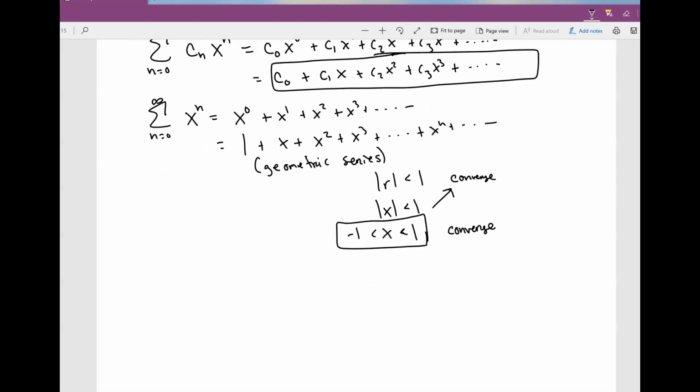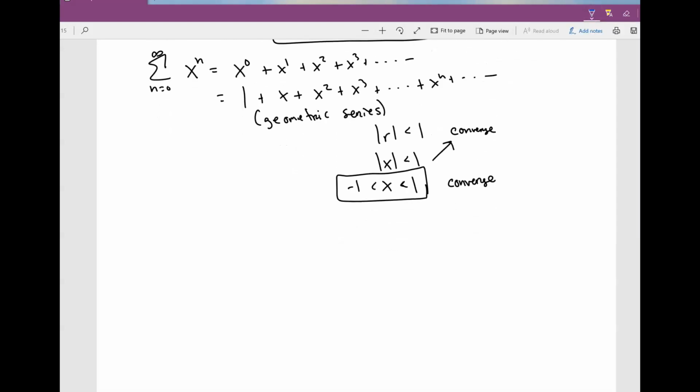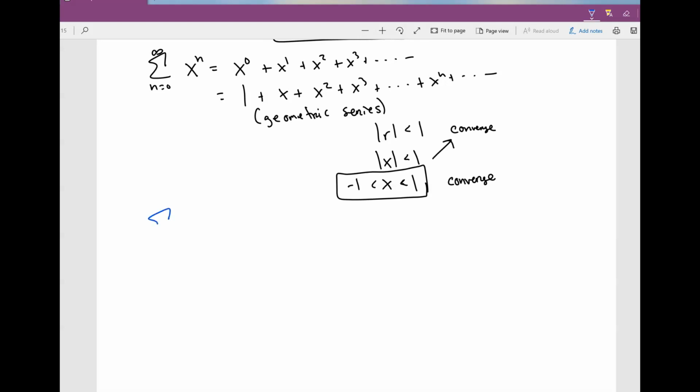In general, this was without the constant. So let's say you had a constant in there, maybe even a shift. If I have this new, more general series, the summation from n goes from 0 to infinity of c sub n times (x minus a) to the n, basically I subtracted a from x, had a constant on the outside, and you have the power. This is what we're going to call the power series about a.